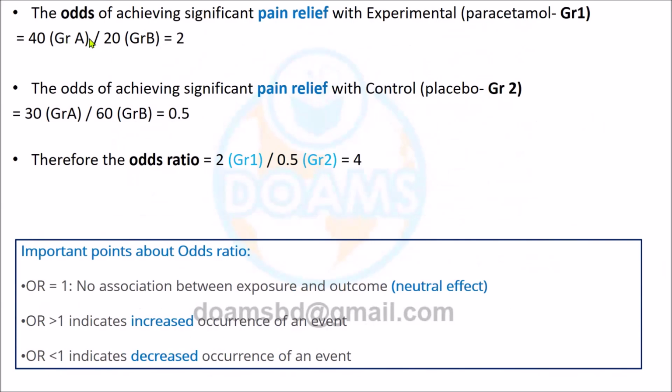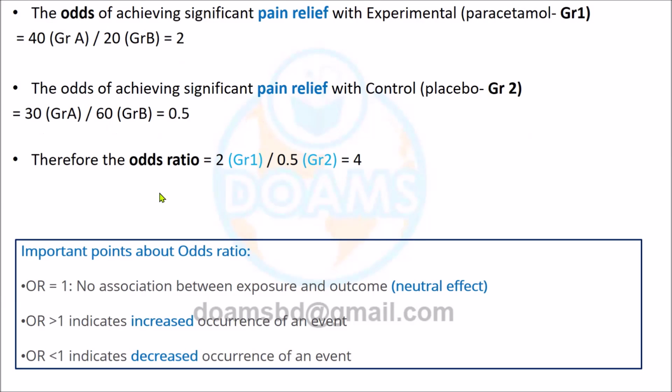So the ratio of these two is the odds of the experimental group. So odds is 2. Again come to the placebo. In the placebo, what will be the odds? Pain relief 30, not relieved 60, only 0.5. So these are separate odds.